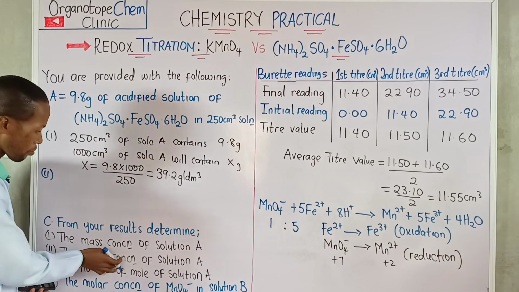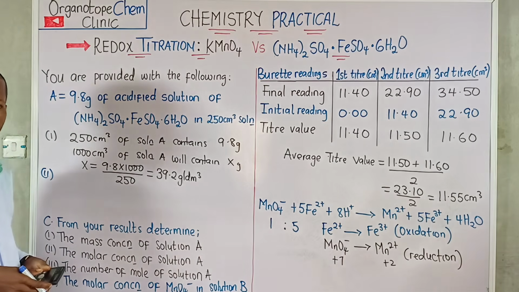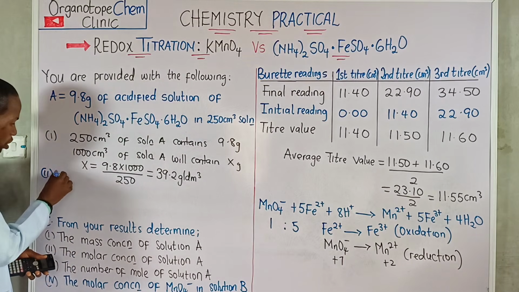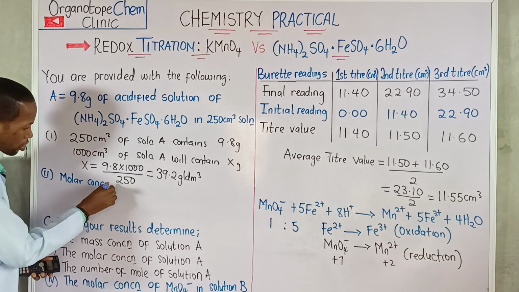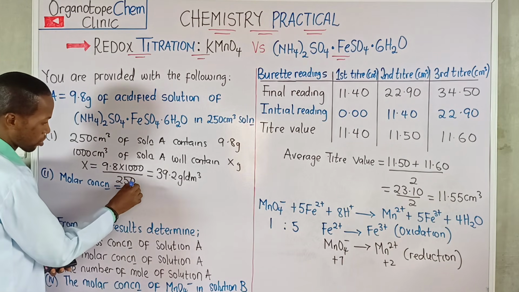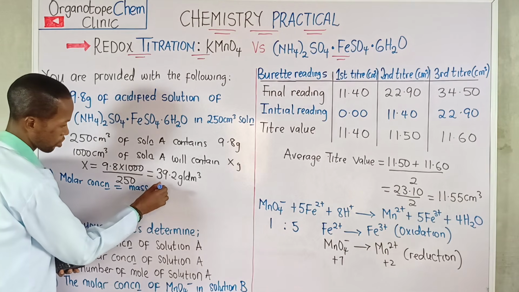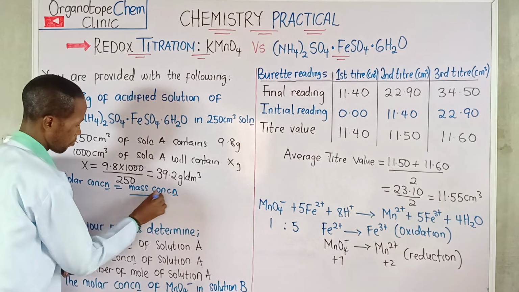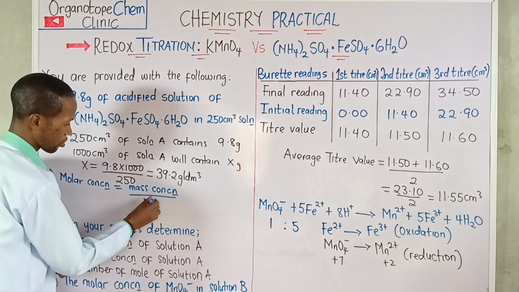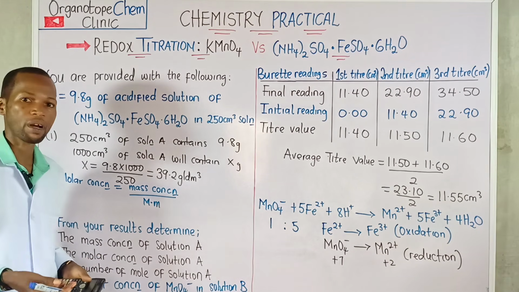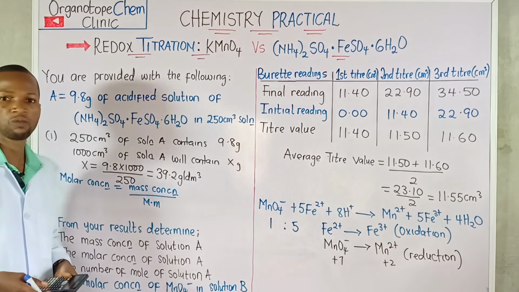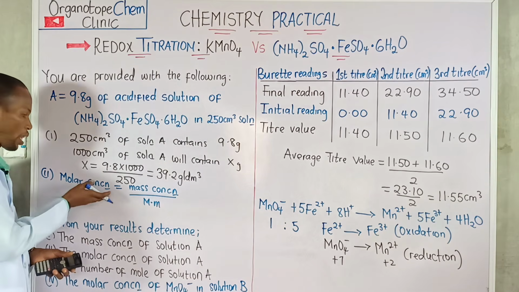We have to determine the molar concentration of solution A. So we already know that molar concentration equals mass concentration divided by molar mass. If we know the mass concentration and the molar mass of the compound we are dealing with, we can determine the molar concentration.